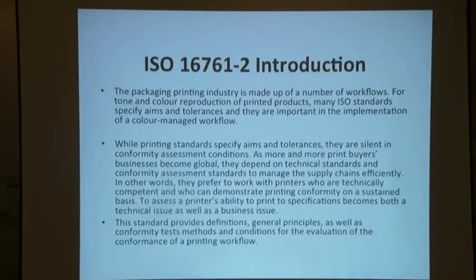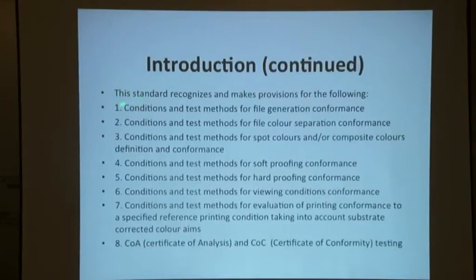16761 Part 2. You can get it from Narish. I've sent him a digital copy of it. It'll be with this presentation so you can go through it. It lists, you can be ISO certified, 9000, and we're working on that right now, but you can be compliant via ISO as a designer, a brand owner, a pre-press company, or a converter, or you can just ask your supply chain to be conformant to it.